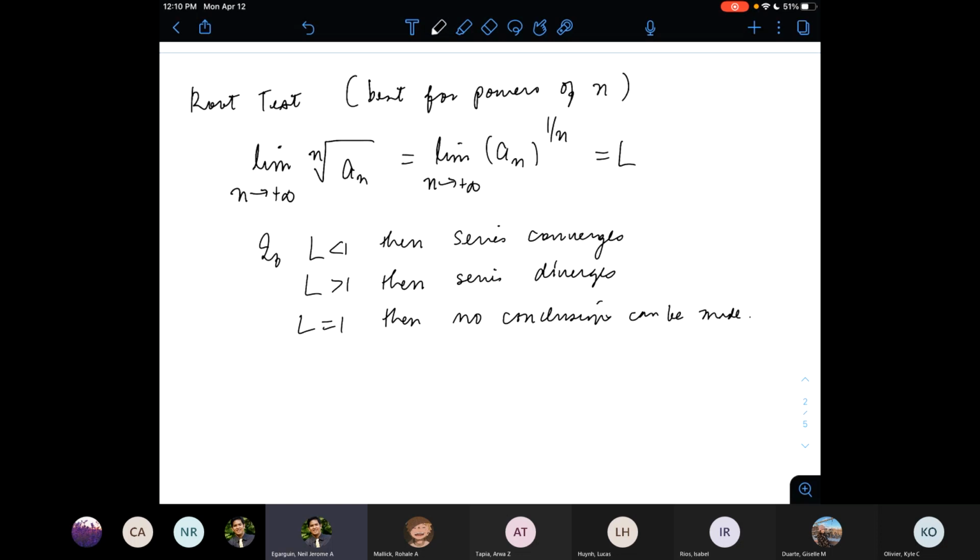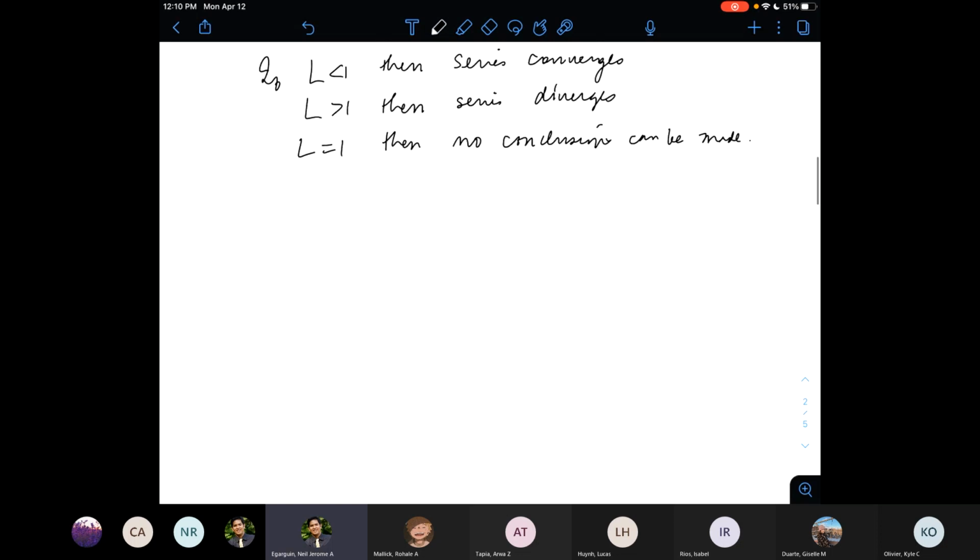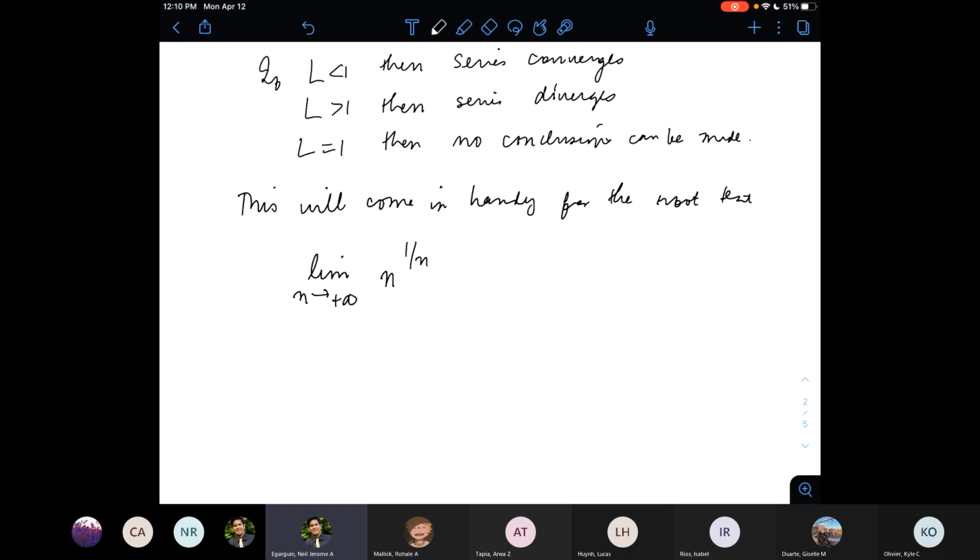Now, one tool that we can use for the root test is this limit, which will come in handy: the limit of n to the 1 over n as n approaches infinity is equal to 1. So you can remember this.